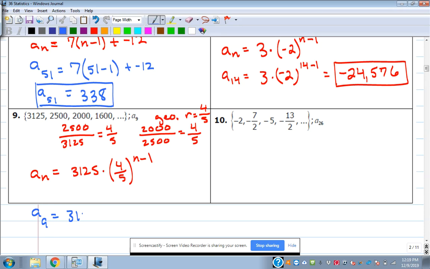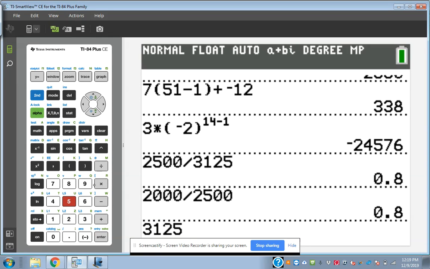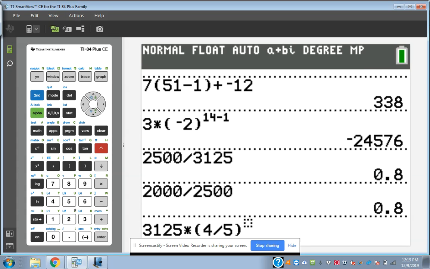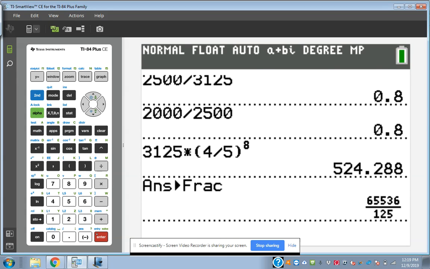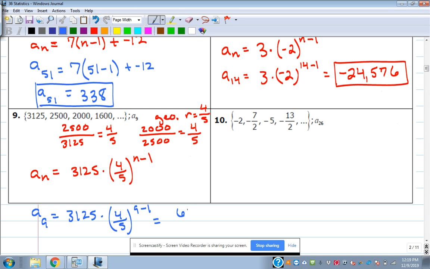So all we're going to do is plug a 9 into that formula and work that out. 3125 times parentheses 4/5 raised to the 9 minus 1, which is 8. So I'm just going to put that in there. And I'm going to change that to a fraction. 65,536 over 125. That would be the 9th term in that sequence.